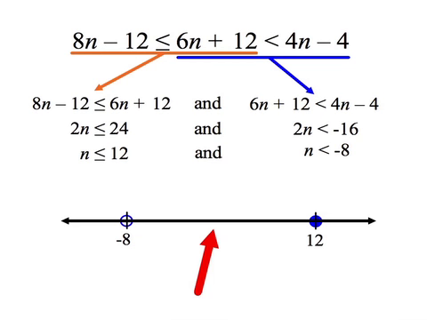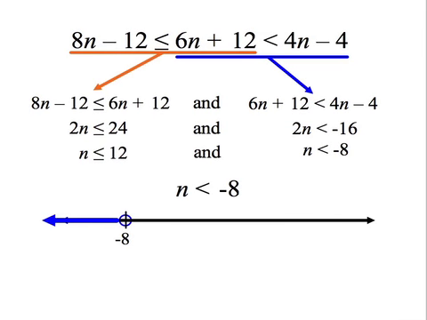In fact, we've already colored in the dot over the 12, and it turns out we're going to have to erase that, because a number equal to 12 is not less than negative 8. The only numbers that work for both of these inequalities are the ones that say n is less than negative 8. So once again, we started with a compound inequality, but we finished with a simple inequality, n is less than negative 8.